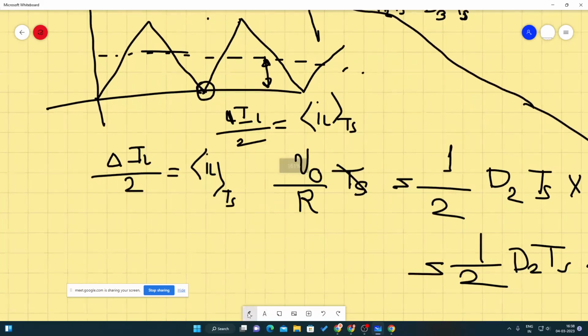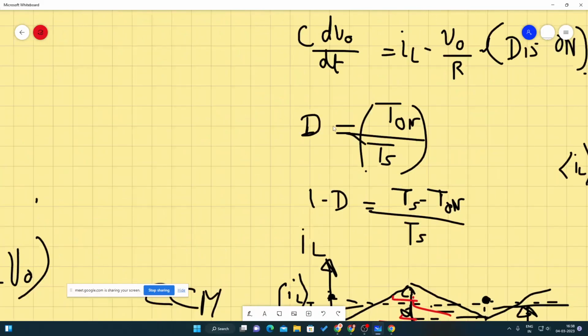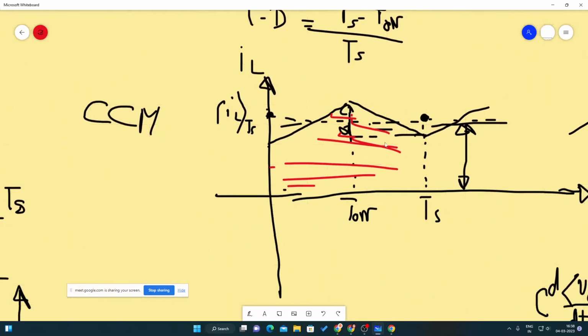In case of CCM, it's not this whole area; if you go by that area definition, it's this much area. Yes sir, but the average is also in between. No, this much area by TS is less. The red portion is the average of IL. The blue portion is the average of the ripple. The average of ripple and average of inductor current are different.